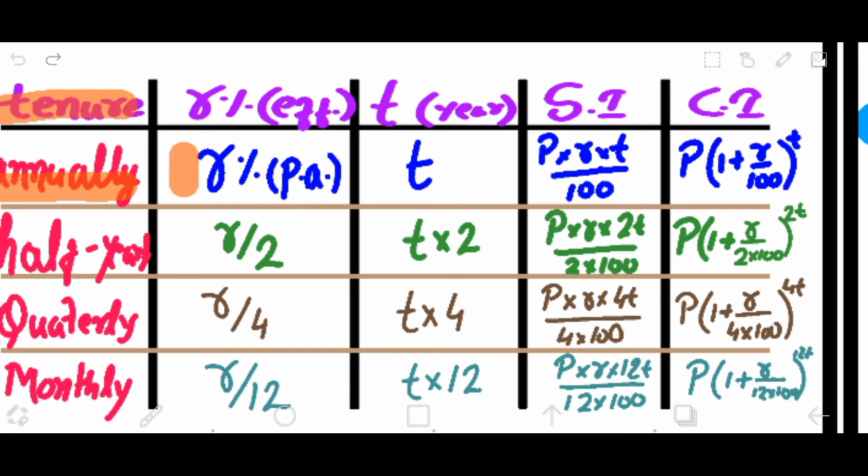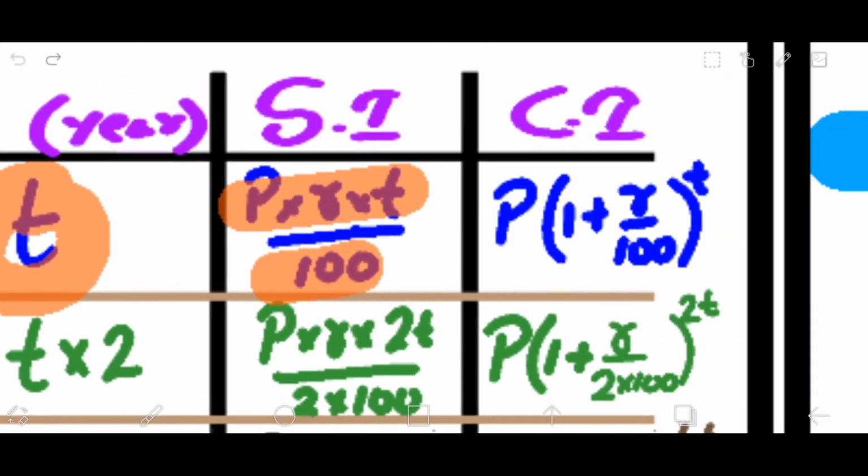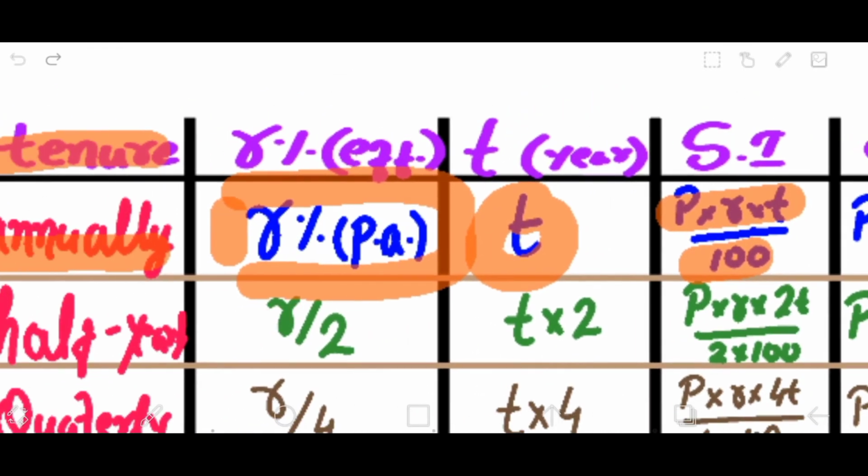As per the question, it's generally given as R percent PA. PA stands for per annum, that's this percent will be charged per year. If T is the number of years, the duration of your loan amount, then the SI is P into R into T by 100, that's PRT by 100. It remains the same because we are calculating annual things.